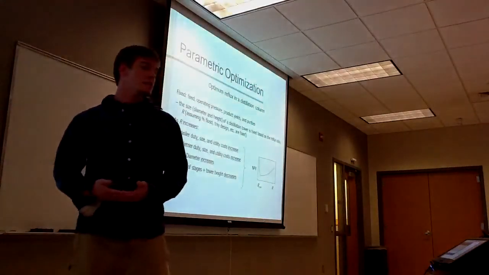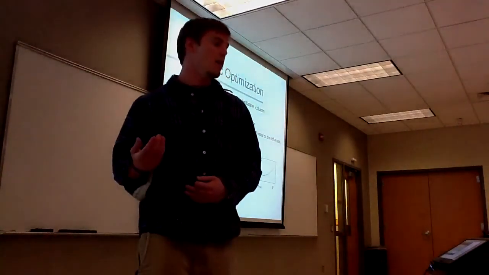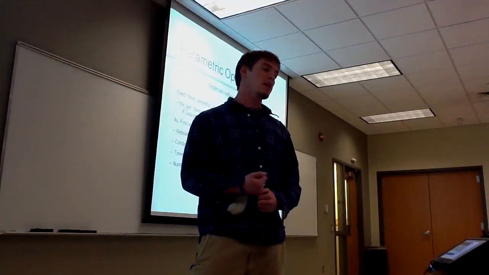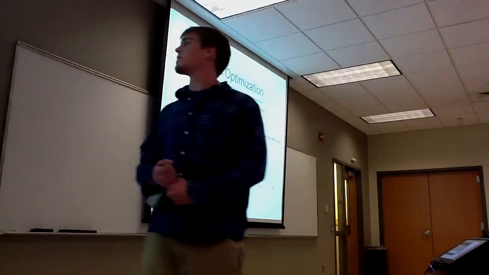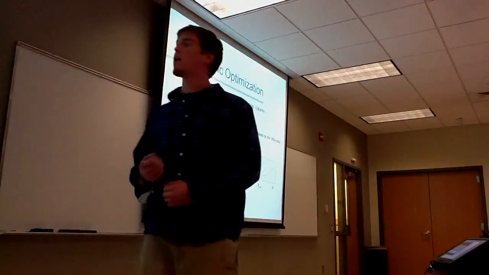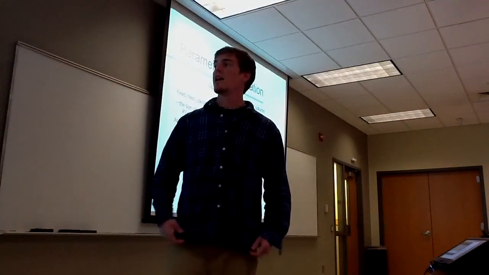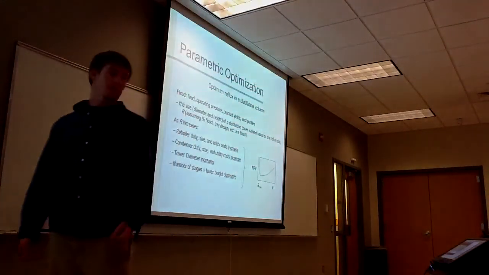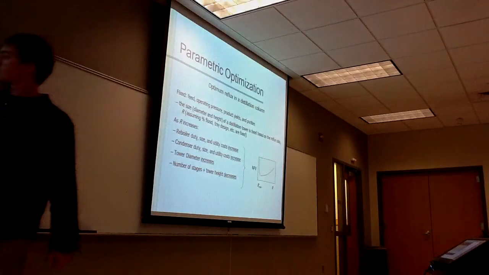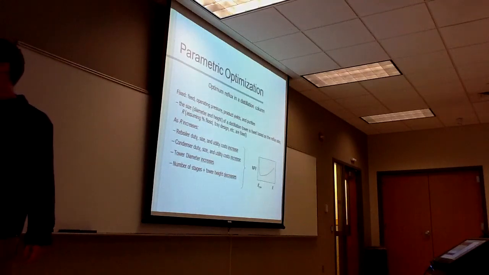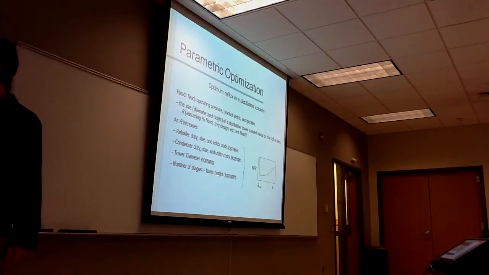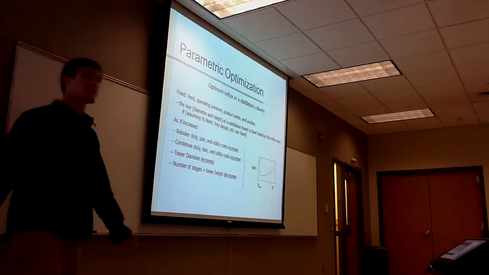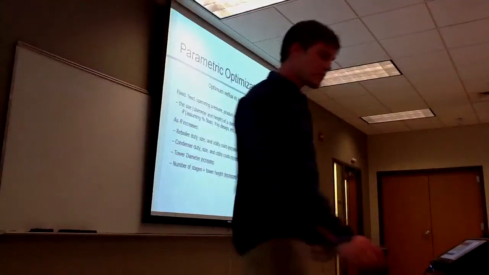As R increases, we can see that reboiler duty, size, and utility costs increase, condenser size and utility cost increase, tower diameter increases, and the number of stages and tower height decrease, resulting in our operating function versus the reflux ratio, and you can find an optimal reflux ratio from this.